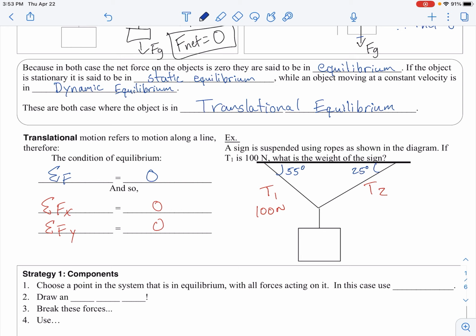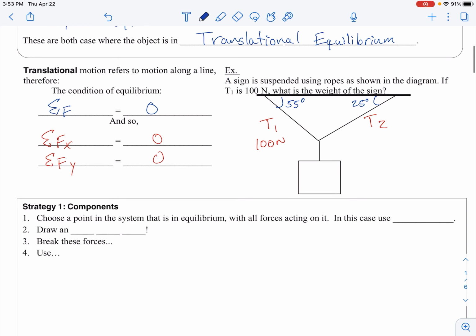There's two different strategies we can use to solve a problem like this. So our first strategy is the components. In this case, we want to choose a point in our system that's in equilibrium, right, with all forces acting on it. In this case, we can use the intersection, right, where all the forces are intersecting.